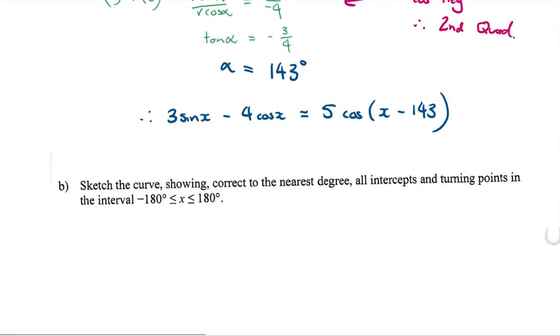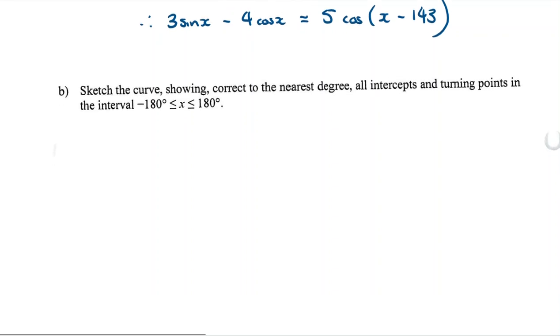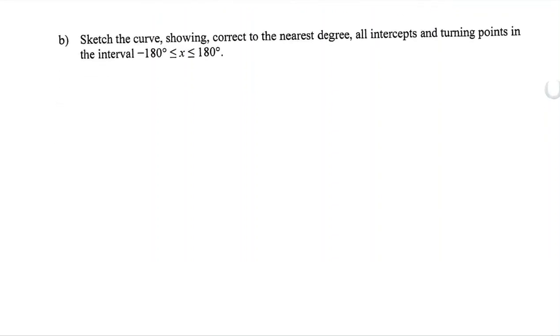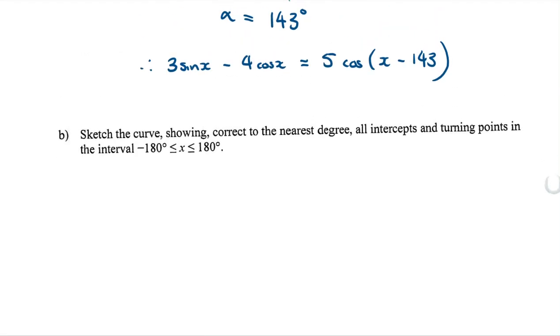Okay, we want to draw this, and then there's a part where we actually get to do the solve. Yeah, the next one's a solve. Sketch the curve showing correct to the nearest degree all intercepts and turning points in the interval between minus 180 and 180. Now, what do we know about this graph?